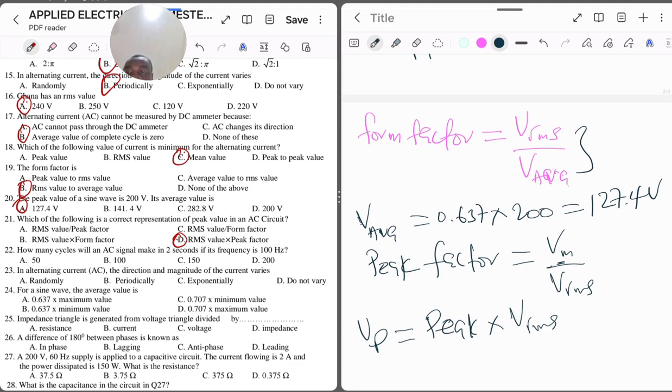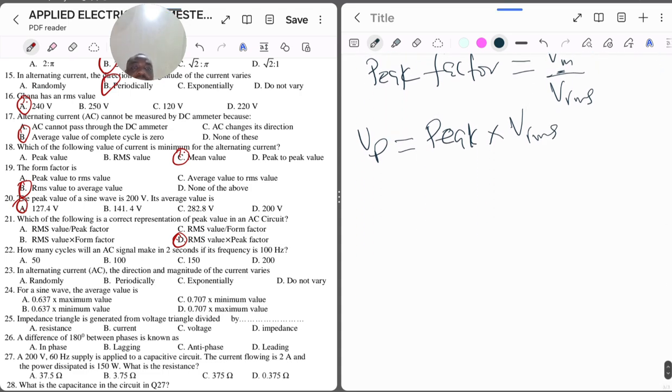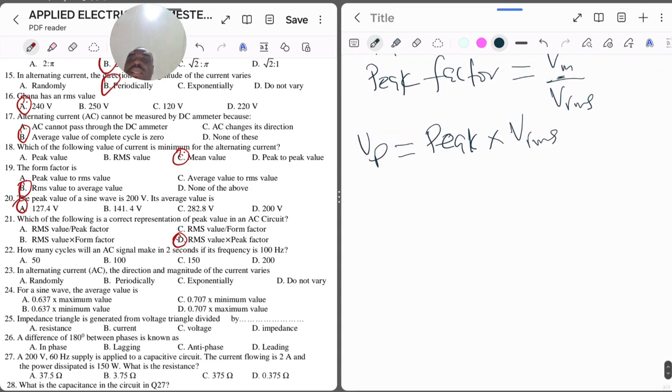How many cycles will an AC signal make in 2 seconds if its frequency is 100? Again, we saw a similar question under the last paper I solved, right?